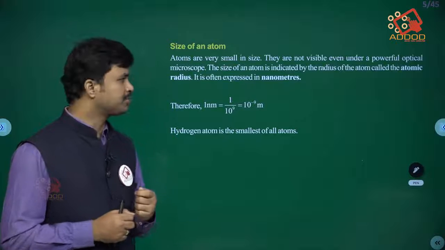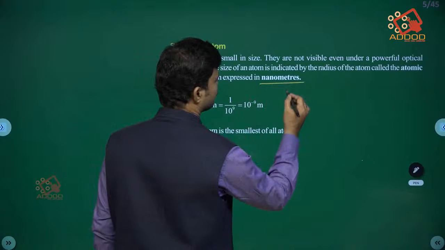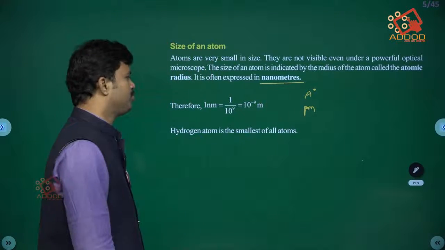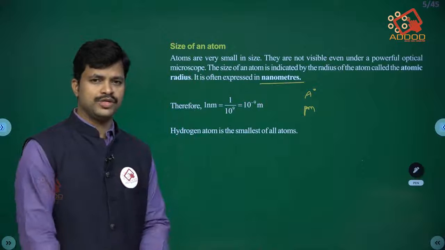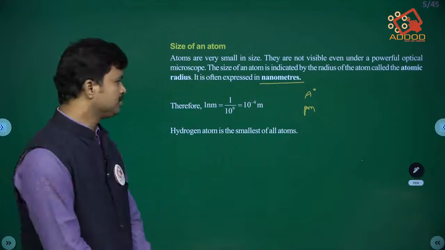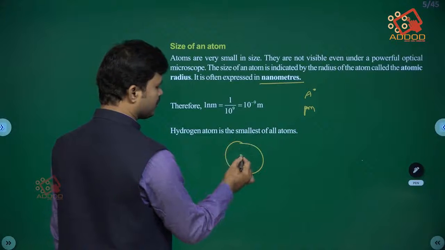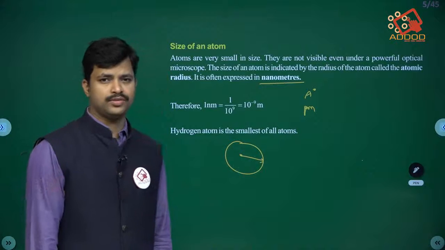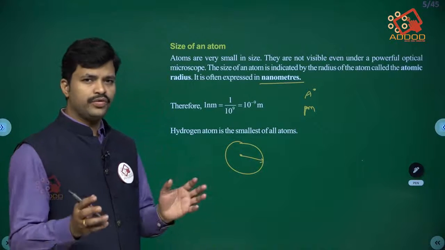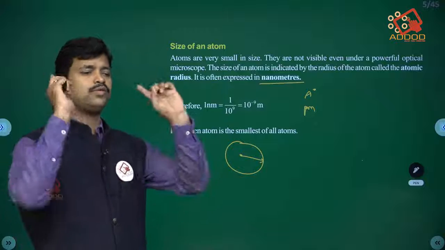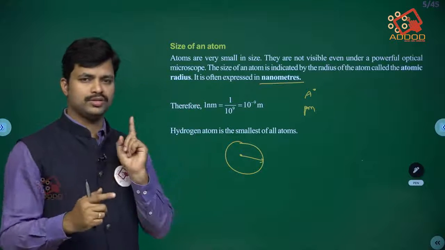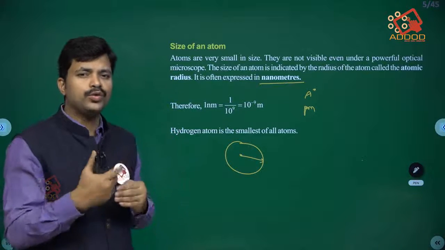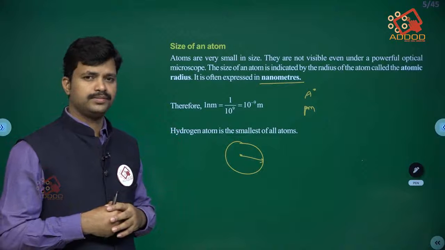Generally it is expressed in terms of nanometers, angstroms, and picometers, such small measurements. Atomic radius means the distance from the center of the atom to the last orbit of the electron, right? We know very well that electrons revolve around the nucleus in a circular path, and the protons and neutrons are present at the center, which we call the nucleus, correct?